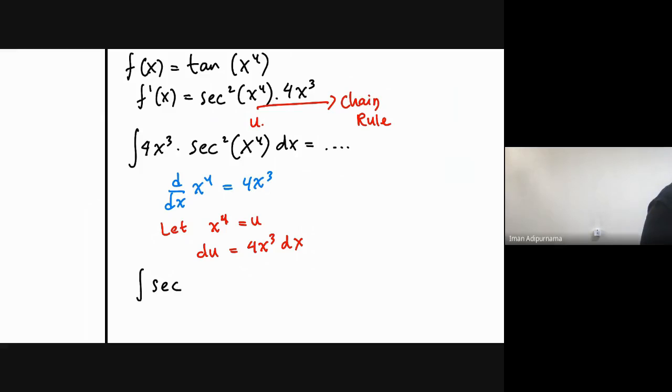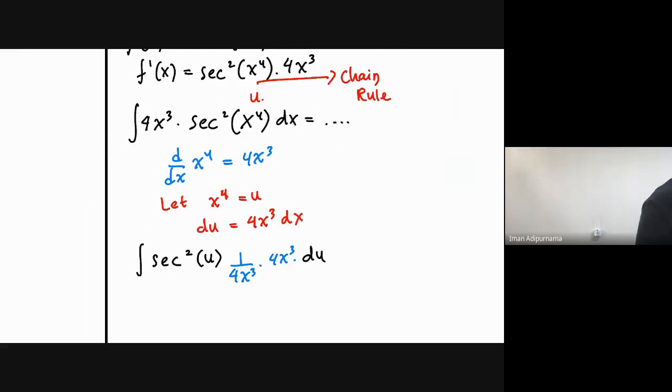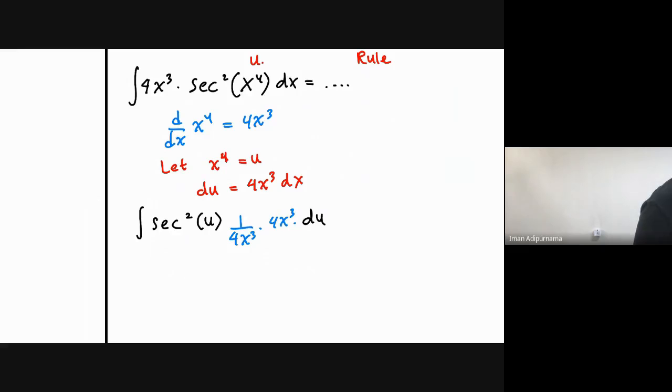So secant squared u, and then dx will be... Because this is canceling, we get the secant squared u du, right?